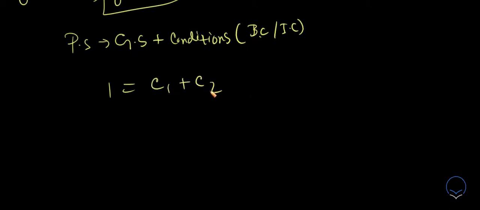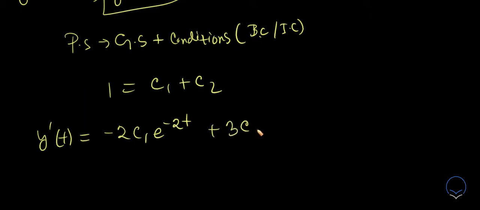This is one equation. And if you evaluate y prime of t, then you will have minus 2 C1 e to the power minus 2t, and then 3 C2 e to the power 3t.